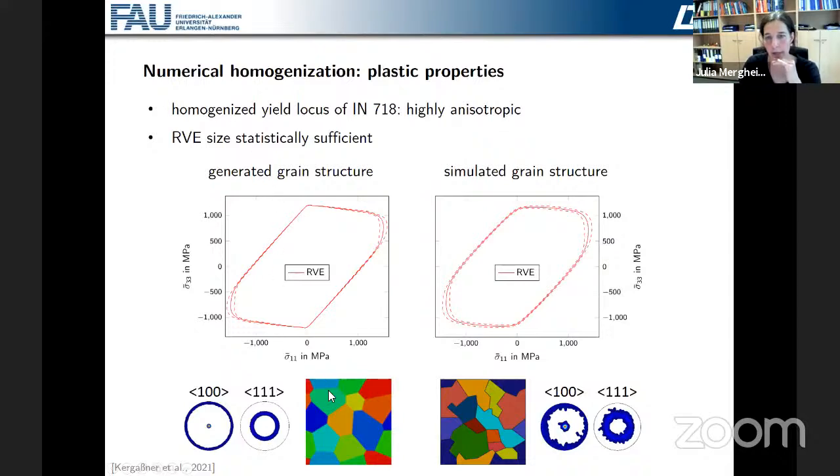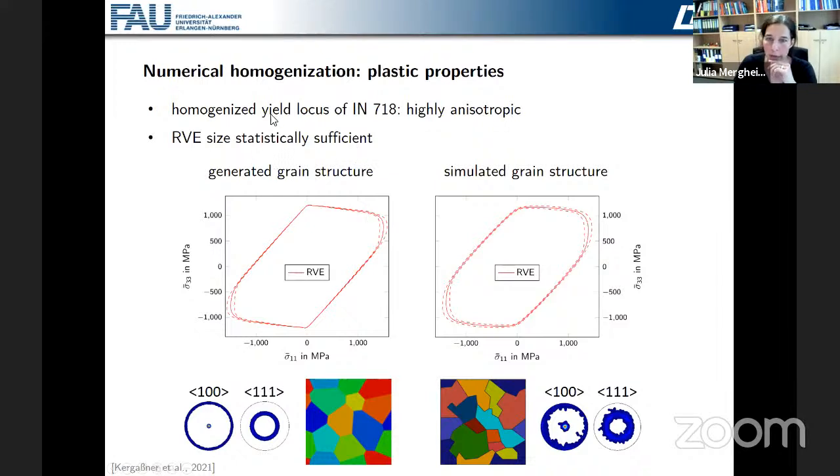On the left-hand side, again, for the generated grain structure, and on the right-hand side for the CA simulated grain structures. The differences between these two are quite small. However, we see that this corner here is, well, not so sharp for the simulated grain structure, and that is again the reason of this secondary anisotropy that we get due to the scan directions.